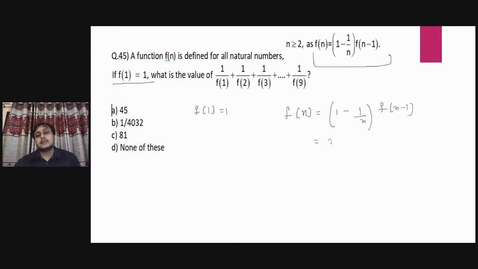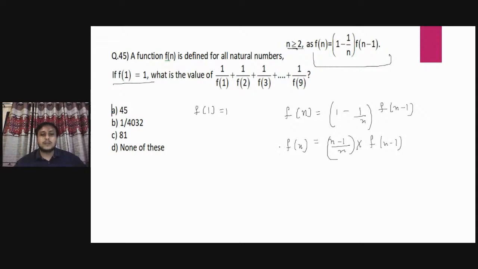So we can write it as n minus 1 upon n into f of n minus 1. We know f1, and n is greater than or equal to 2. Now you need the value of f2, f3 up to f9, right?